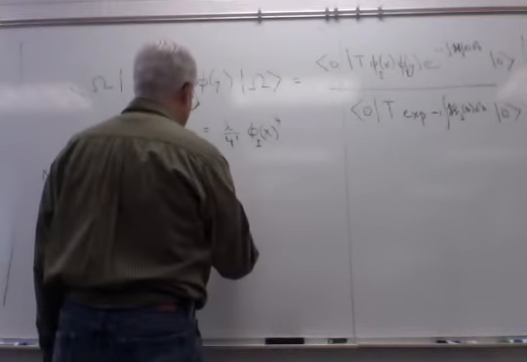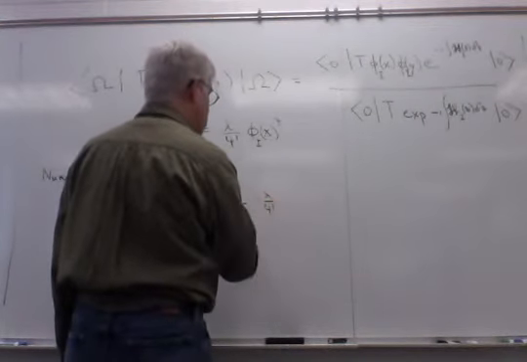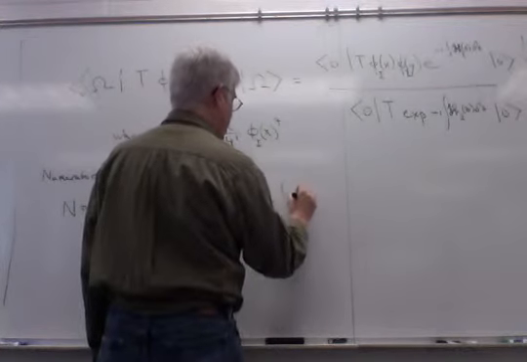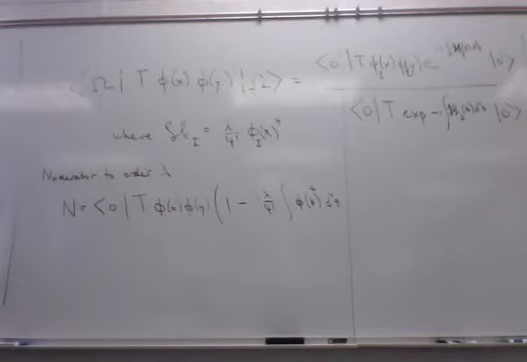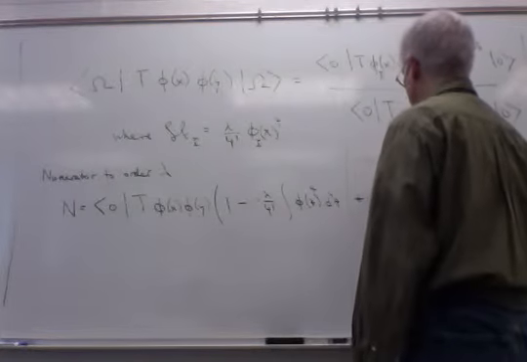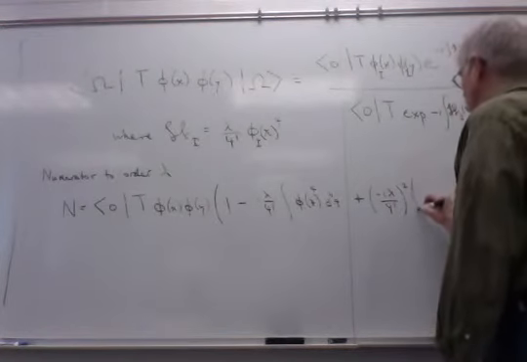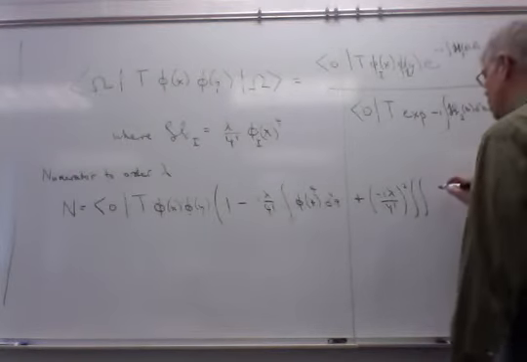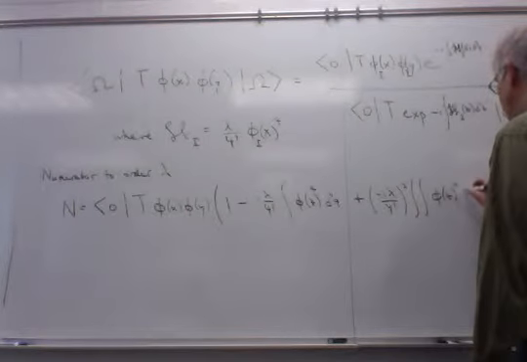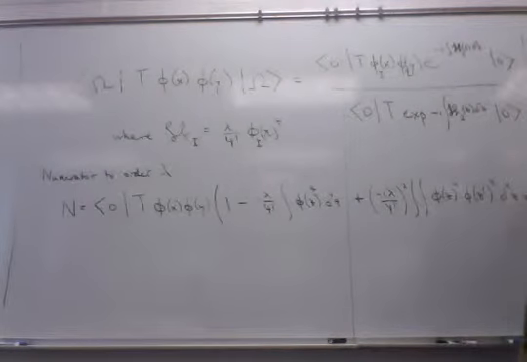And then the exponential we expand out as 1 minus i lambda over 4 factorial integral of phi of z to the fourth power d4z. And the next order term will be minus i lambda over 4 factorial, squared, integral phi z to the fourth, phi z prime to the fourth, d4z d4z prime, and so forth.